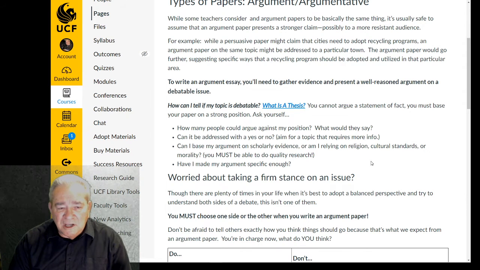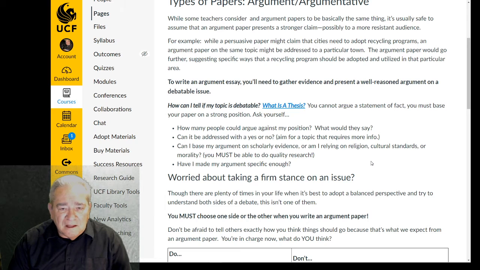The purpose of the argument, as I said, is to get something done, generally by changing somebody else's mind. You want to have people do something. If there's somebody that opposes your opinion, you're going to have to get them to change their mind and get on board with you.